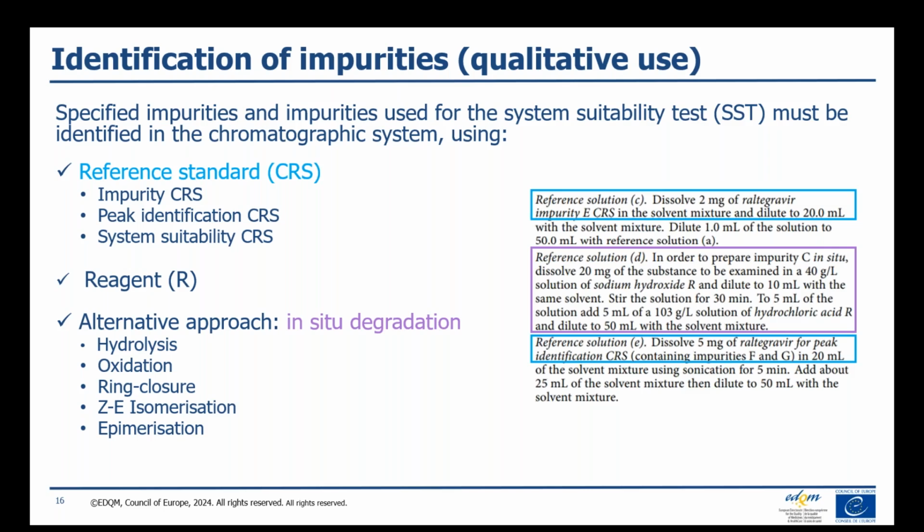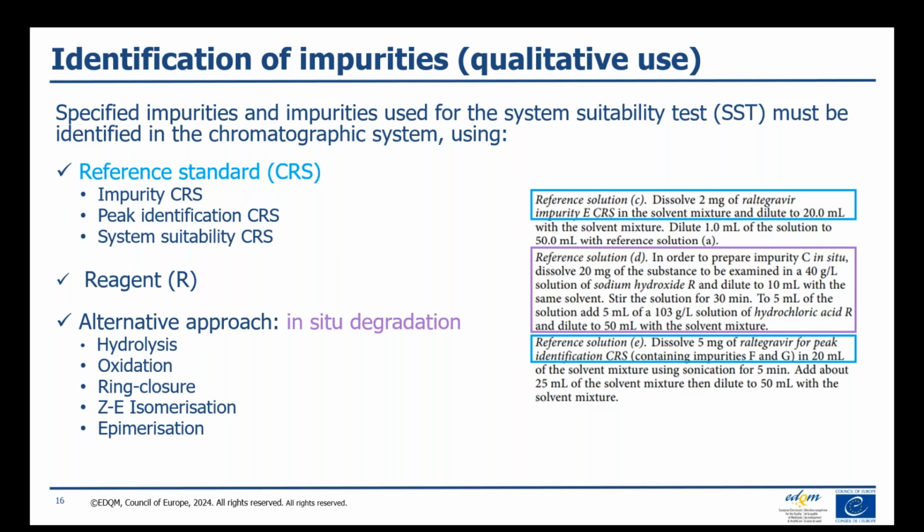We also describe reagents. Most of the time, it is when the impurity is easily available on the market. So instead of establishing a CRS, we describe a reagent. And as I say, a good option is also to describe an in situ degradation.